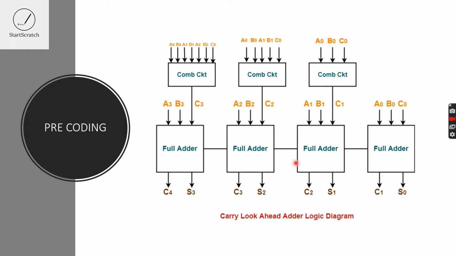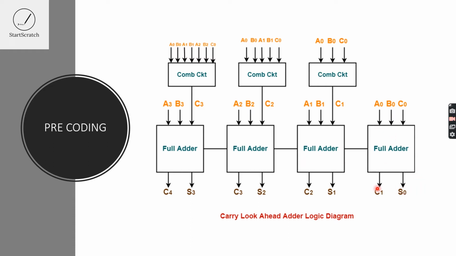What is the need to introduce this much combinational circuit to give an input for this Cn? The reason is, if you drive the inputs from the previous full adders, you will get delays.